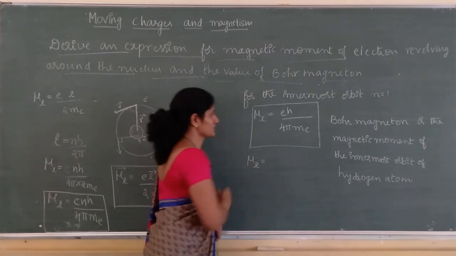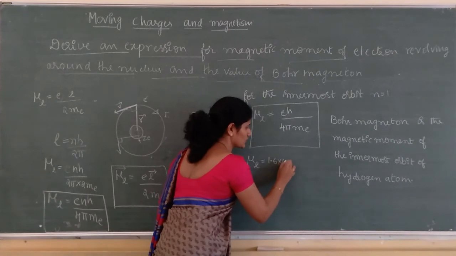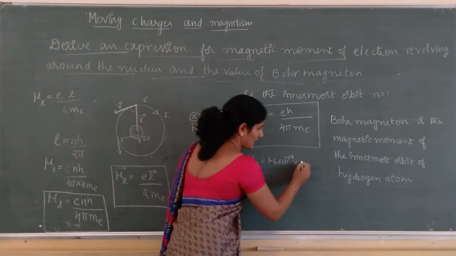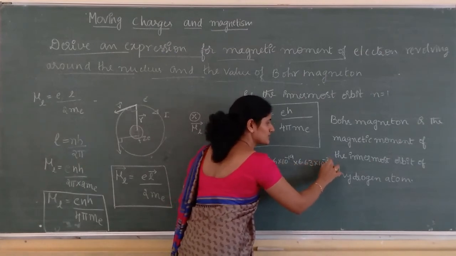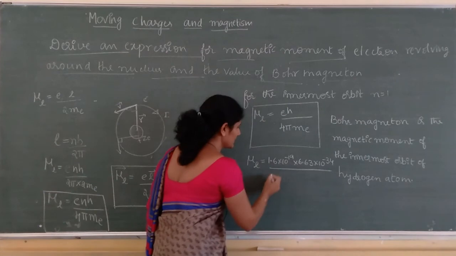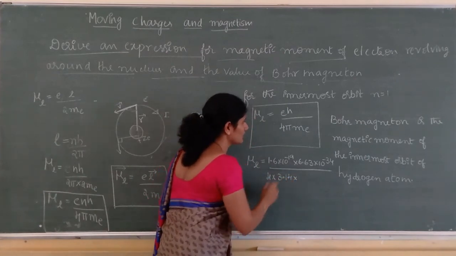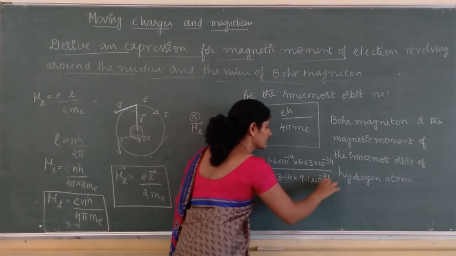It is also a constant because E is a constant. We know the value of E, 1.6 into 10 to the power minus 19, into h. H is Planck's constant, 6.63 into 10 to the power minus 34, divided by 4 into pi, a constant whose value is 3.14, into the mass of the electron, 9.1 into 10 to the power minus 31.